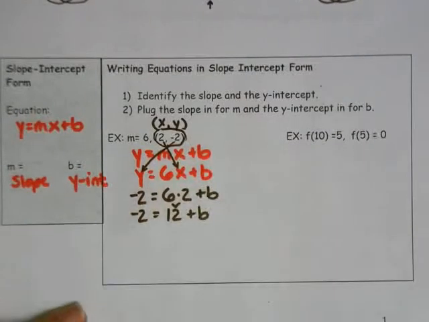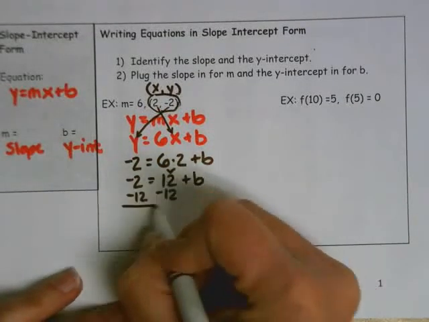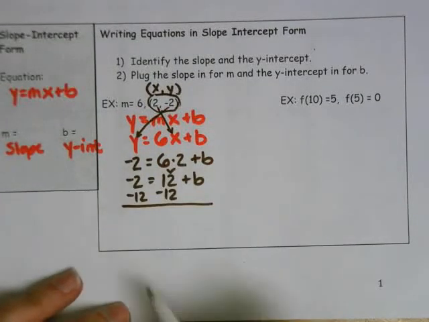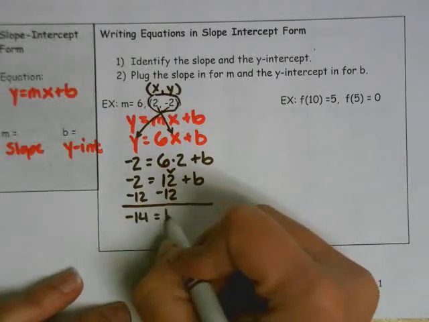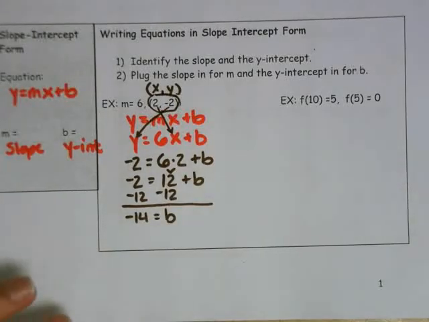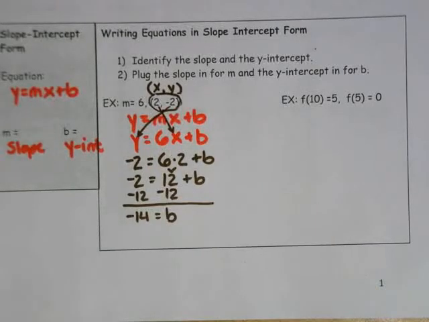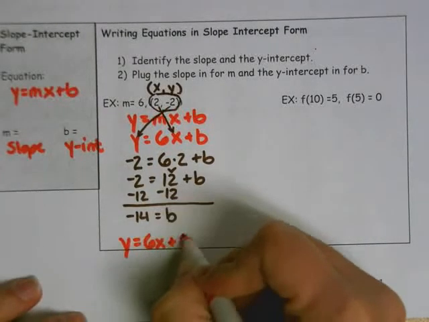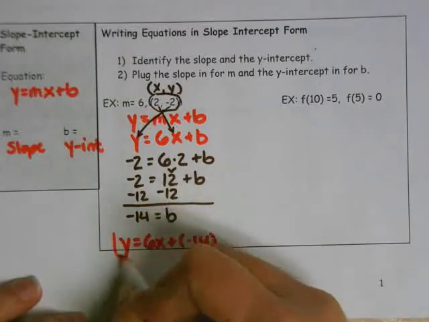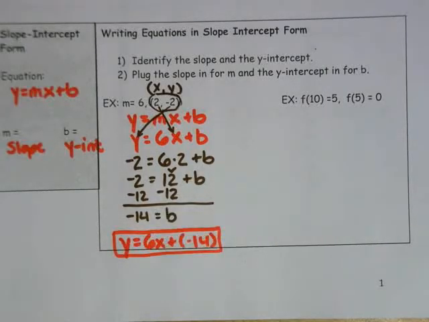And now can we get that b by itself? Yeah, subtract 12 from both sides. Be really careful here with your negatives. -2 minus another 12 takes you all the way down to -14. So we get that b equals -14. So now we knew our m was 6, and now we have our b, y equals 6x plus -14. And we're done. We've written it in y equals mx plus b.